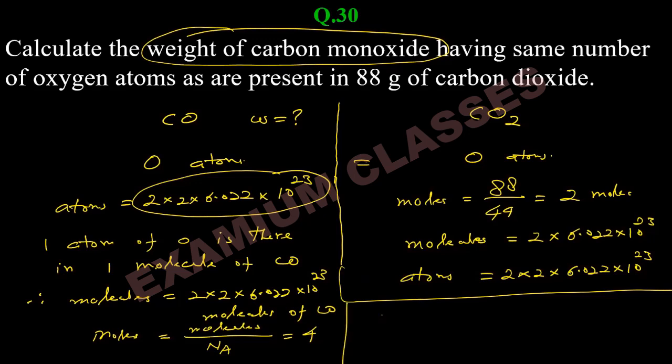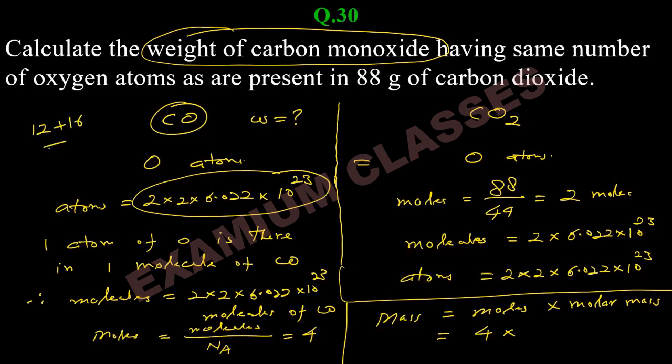Mass is moles into molar mass. That's why those conversions were important. Molar mass of carbon monoxide is carbon 12 plus oxygen 16, that is 28. 4 into 28, 112 grams. That will be the answer.